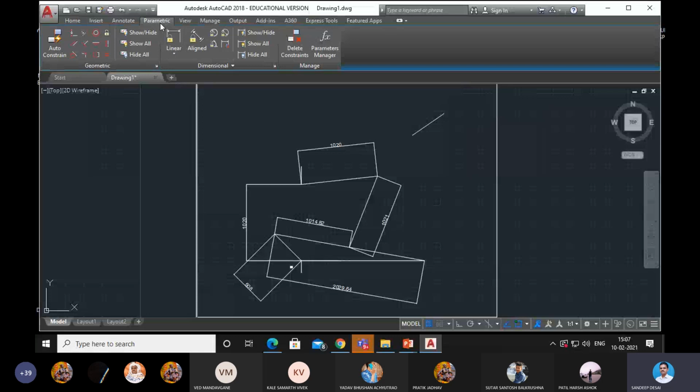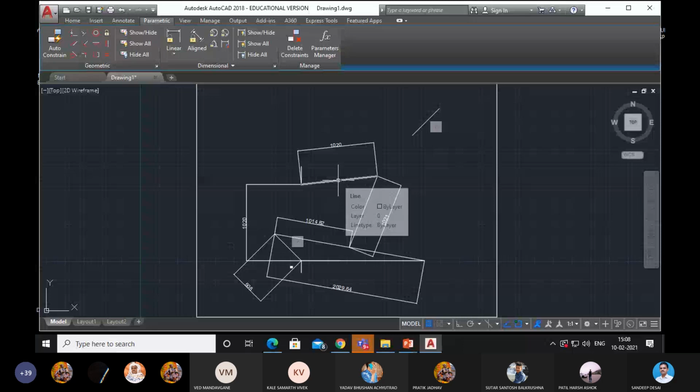मग काय करायचं? Go to parametric, perpendicular. या क्रँकला परपेंडिक्युलर, कोणाला परपेंडिक्युलर करायचंय? याला. झालं का? इथं कुठले पॉइंट असतील? O1 and O2. याच्यानंतर नेक्स्ट पॉइंट, याच्यानंतर पुढचा पॉइंट कुठला घ्यायला पाहिजे?